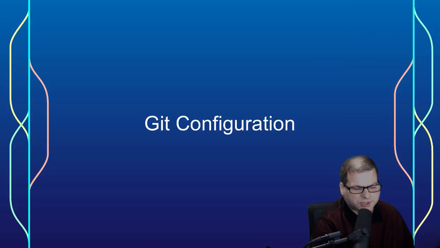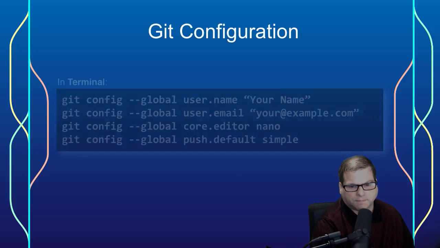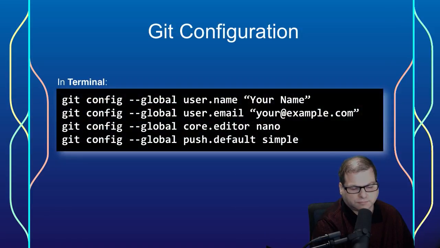Regardless of the operating system you use, you'll need to set up a bare minimum amount of configuration. From your terminal, that is Git Bash on Windows, or from your terminal program on Mac or Linux, you'll run this series of git config commands.